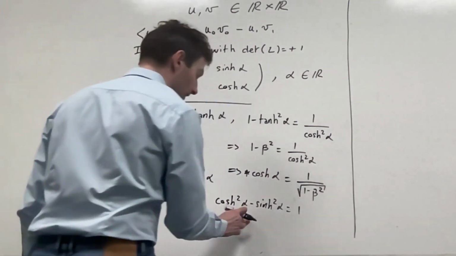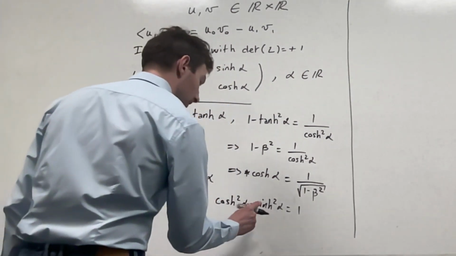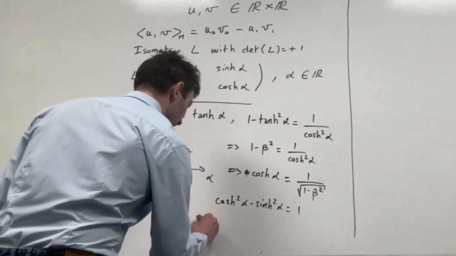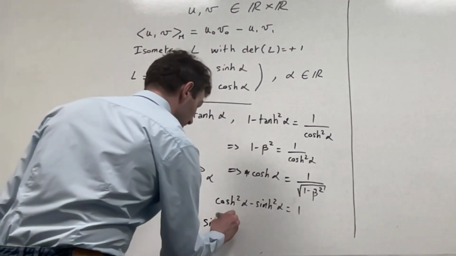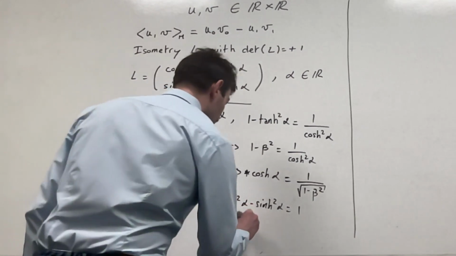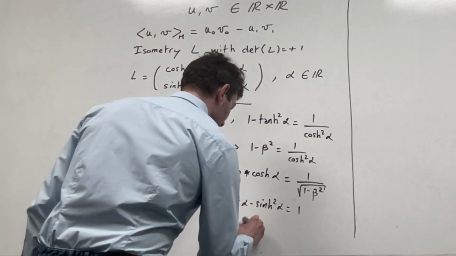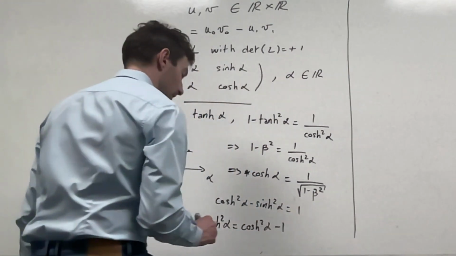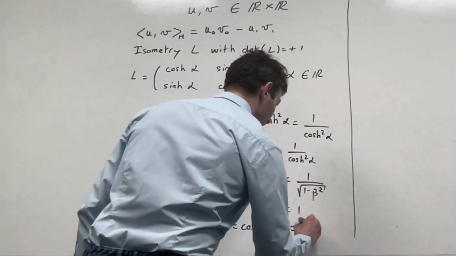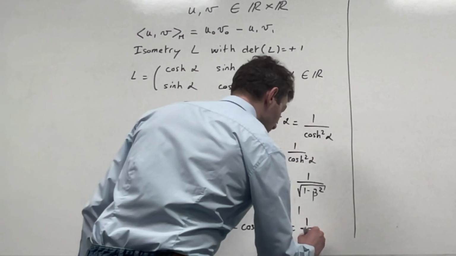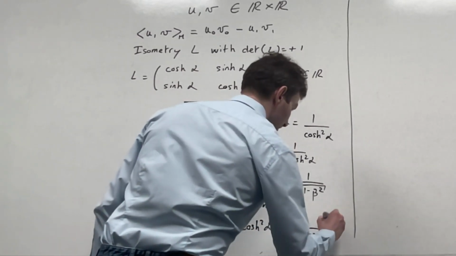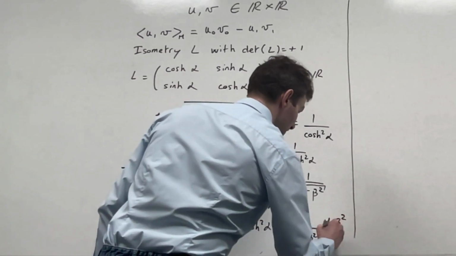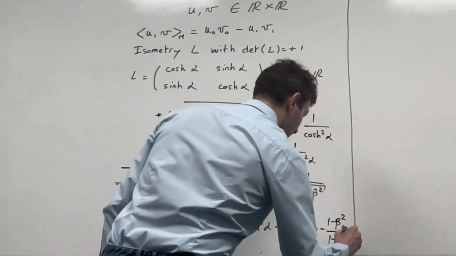And so what we get out of this is that sinh squared alpha is equal to cosh squared alpha minus 1. And so that's equal to 1 divided by 1 minus beta squared, minus 1 minus beta squared over 1 minus beta squared.